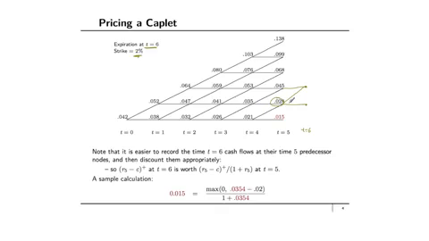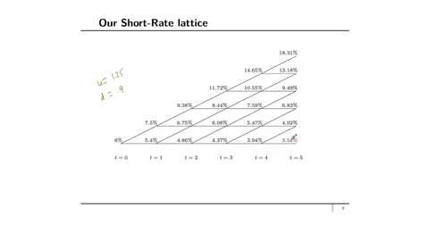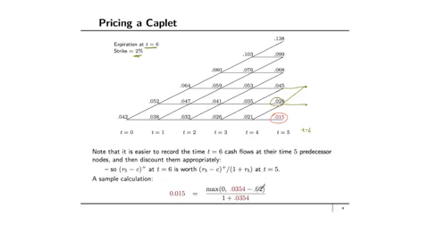And that is what we've done here. So if we look at this point, 0.015, well, 0.015 is equal to the payoff of the caplet determined at T equals 5. So this is the maximum of 0 and the short rate that prevails at that period, which is 3.54%, minus the strike 0.02.